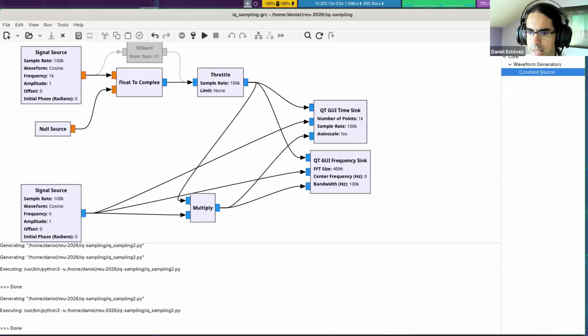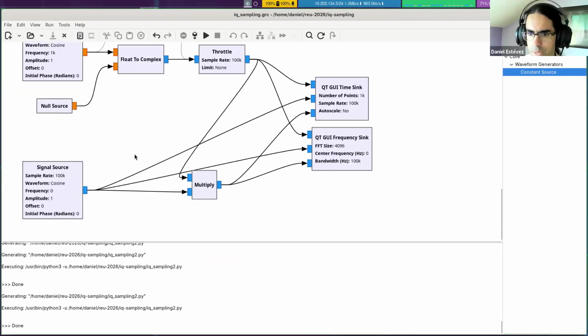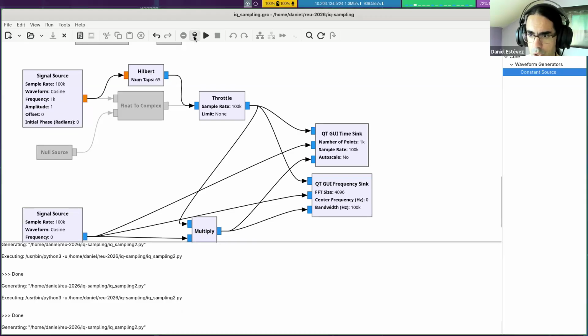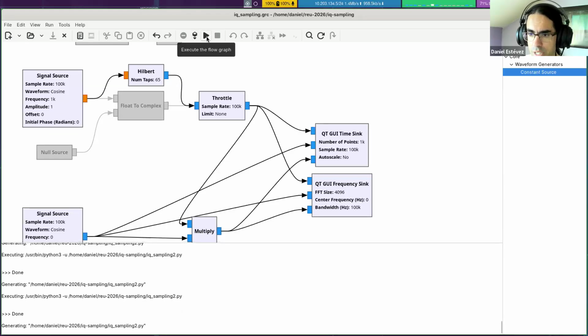Okay, and finally, to wrap this up, if we are already working with digital signals, like in GNU Radio, there is something very simple we can do to convert real signals to complex. It is called the Hilbert filter. I'm going to show you just so that you know it exists.